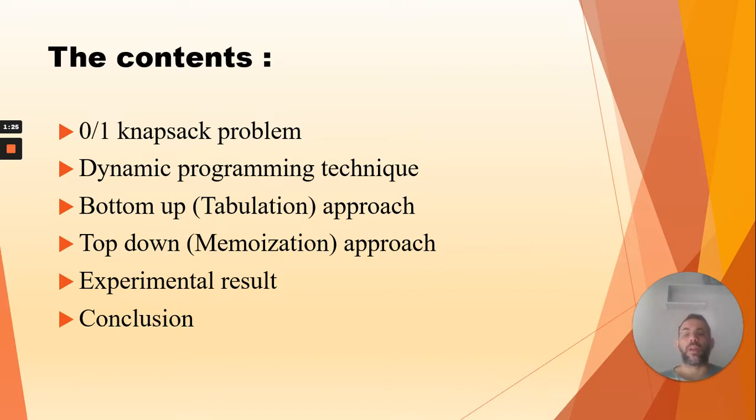After that, we will explain the results we have gotten from the experiment we have made to test the performance of these two approaches for solving the 0-1 knapsack problem. In the last part, we will summarize the most important points we have discussed in our presentation.